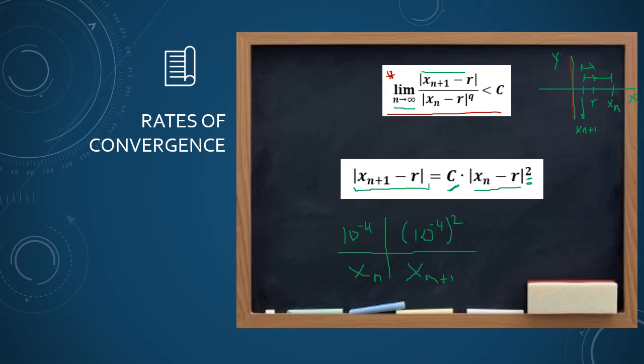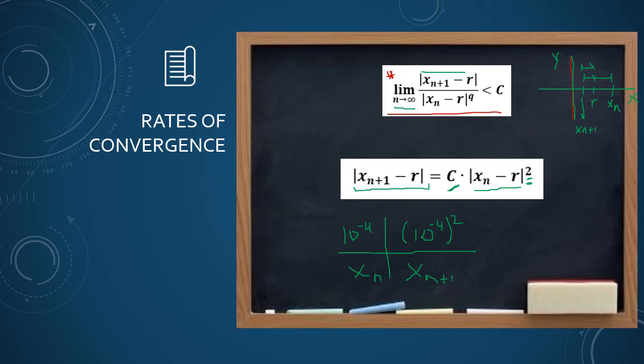Which is what? 10 to the negative 8th. So that's a large reduction in our error with just one more iteration. And that's what it means to converge quadratically. It means that the error on your approximation is very likely to be the square of the previous error.